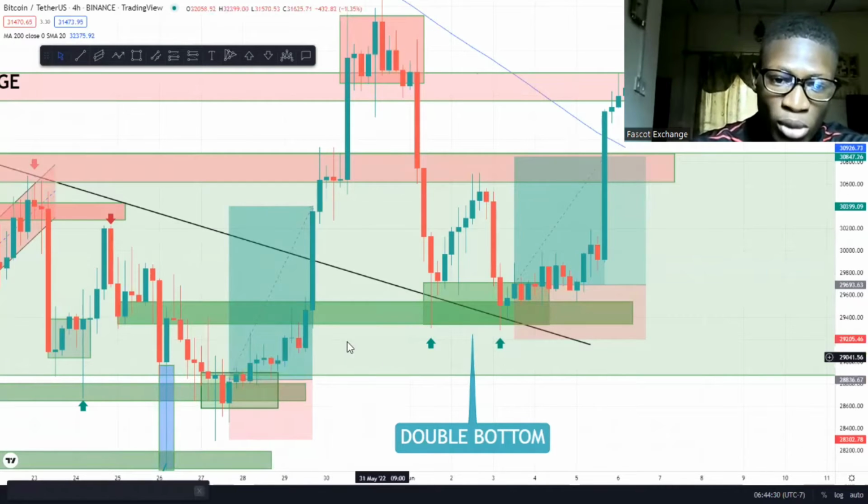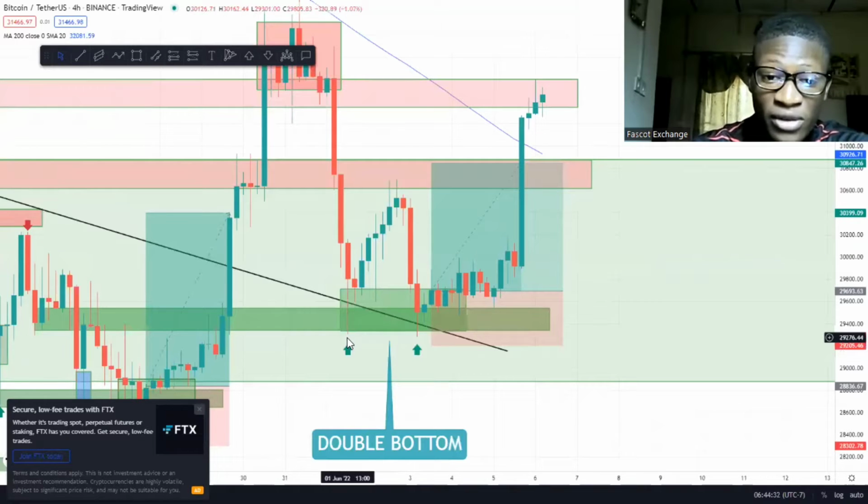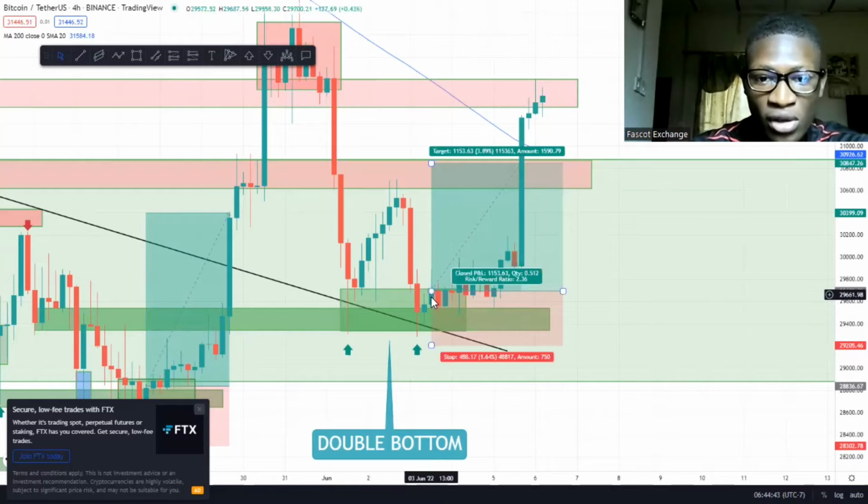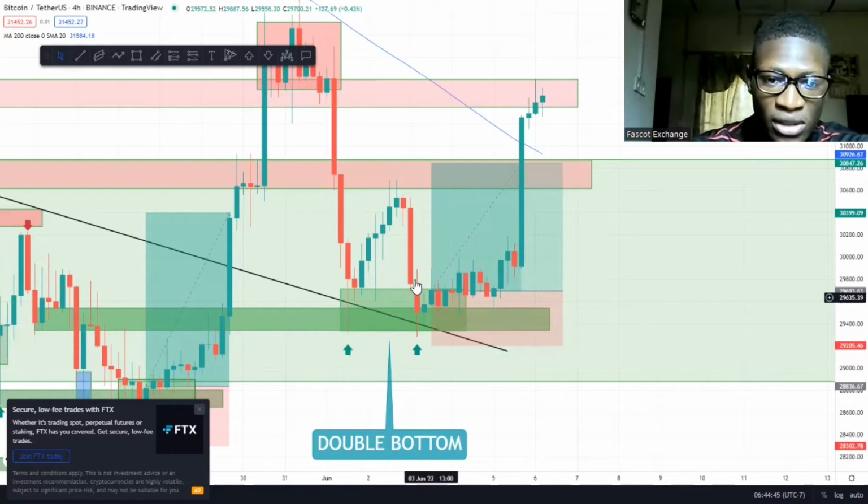And now, looking at this double bottom, it is a very perfect double bottom, because price touched this particular zone and then came back again to that region before we saw this indecision candle with this continuation candle. And this itself is a reversal candle, which indicates that a lot of the sellers selling from here do not have enough power to break out of this zone.